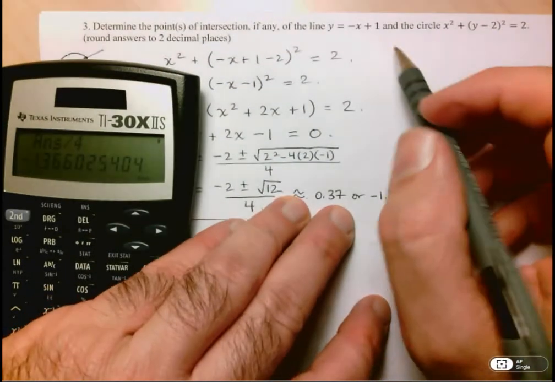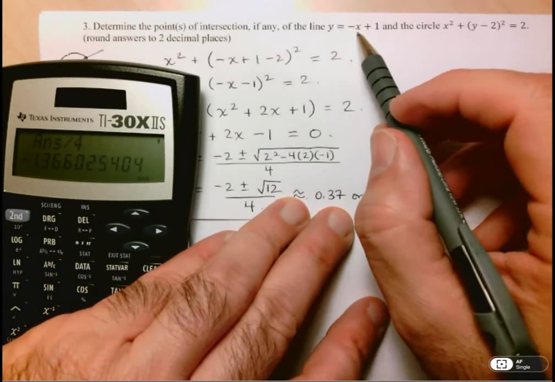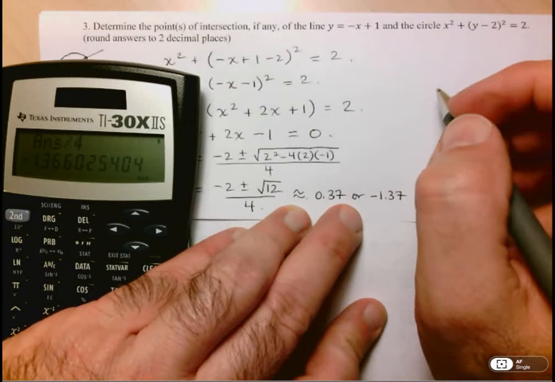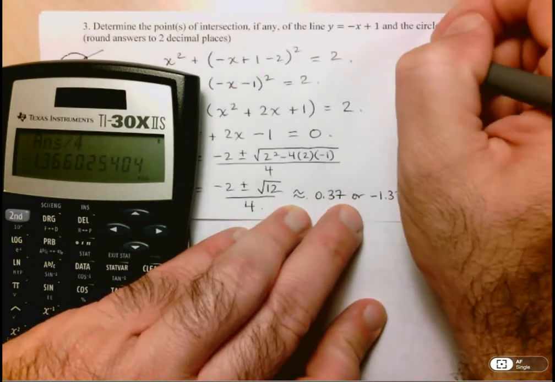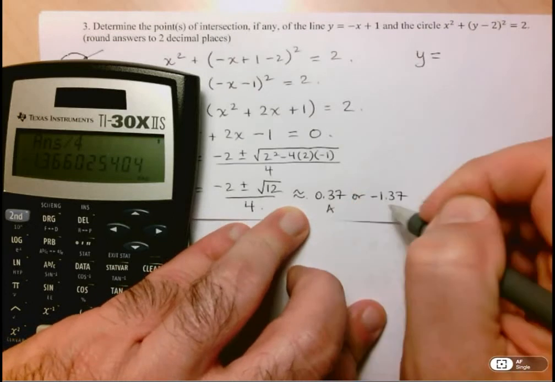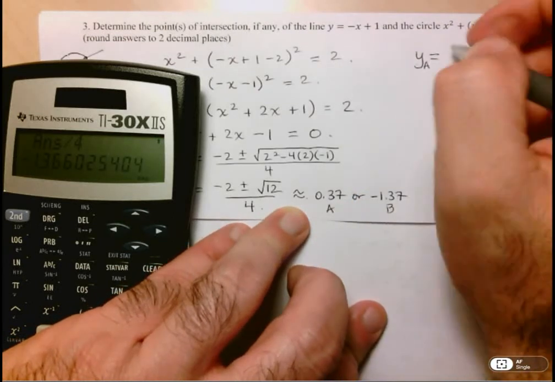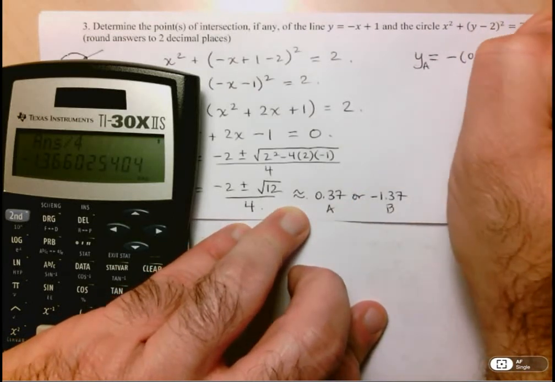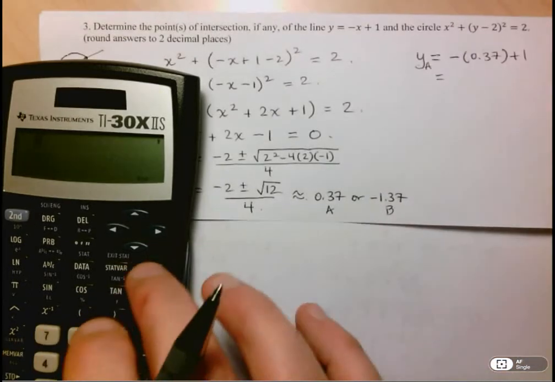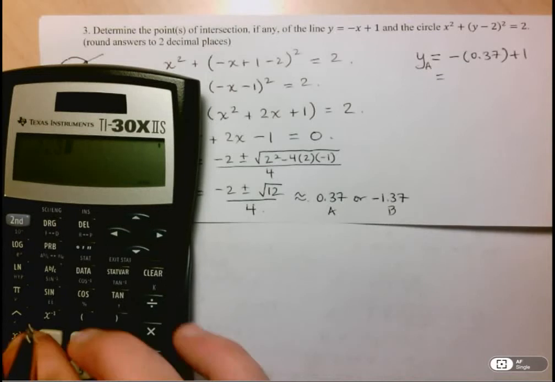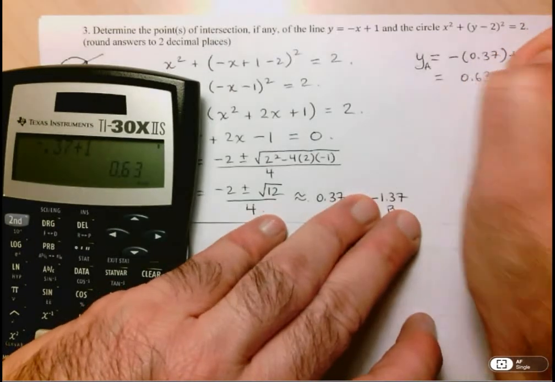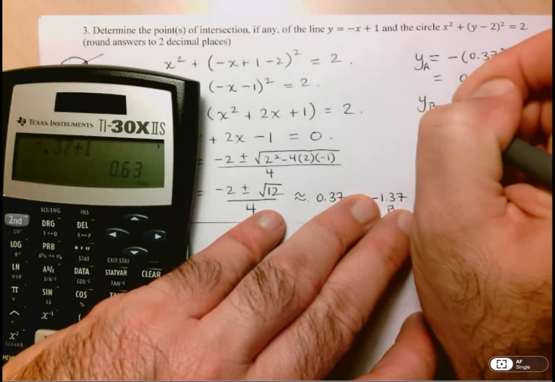Again, I have the option to use either the linear equation or the circle equation, and I'm going to use the linear equation. Let's call these a and b. So y a will be negative 0.37 plus 1, which is equal to 0.63. I could have done that in my head, but I wanted to be sure.